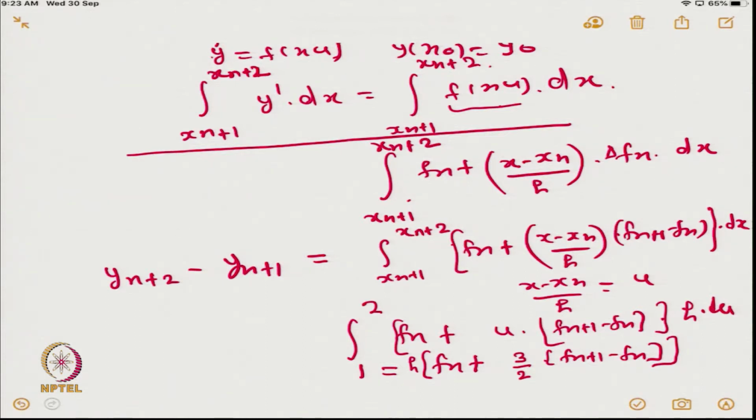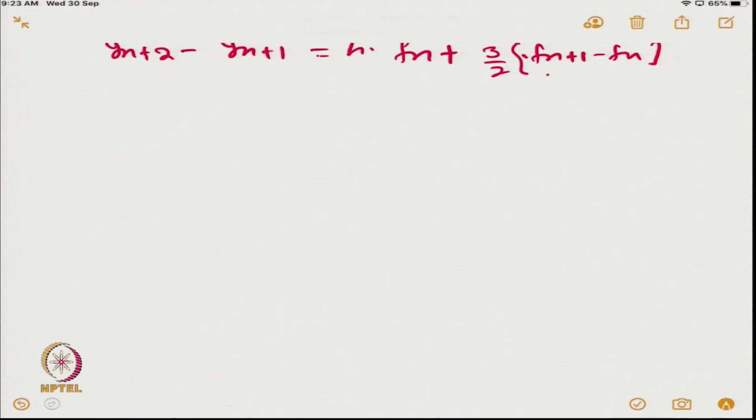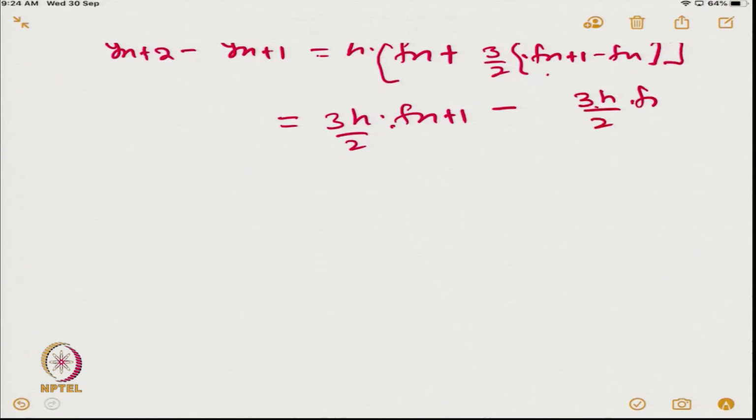So, the scheme will be this: yn plus 2 minus yn plus 1 is equal to h times 3 by 2 fn plus 1 minus fn. So, this will be h into 3h by 2 fn plus 1 minus 3h by 2 fn.